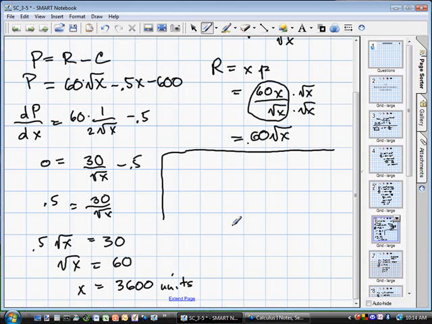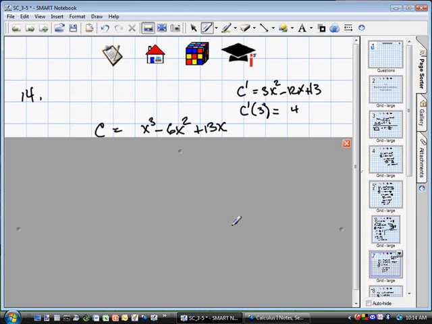All right. So on to the next section. This part says average cost. In exercises 13 and 14, use the cost function to find the production level for which the average cost is a minimum. For this production level, show that the marginal cost and the average cost are equal. Oh boy, I got to remember, what's marginal cost?